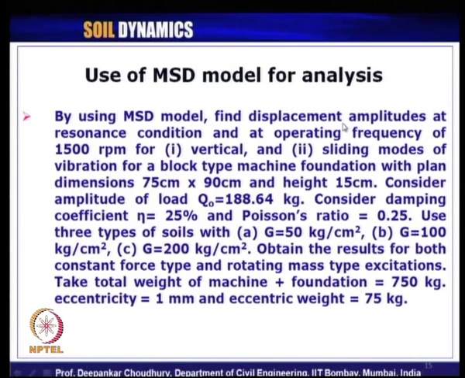So, displacement amplitude needs to be obtained at two conditions, one at resonance condition, another at an operating frequency of 1500 RPM. In this case, it is a kind of design check problem, not a full design problem, because the dimension of the block type machine foundation is given to us.